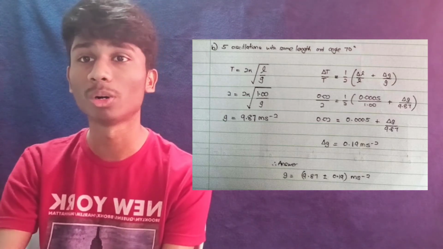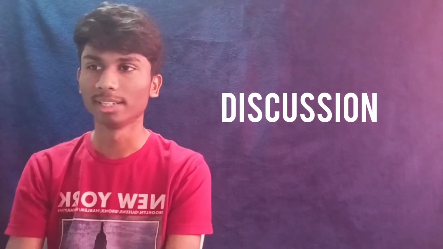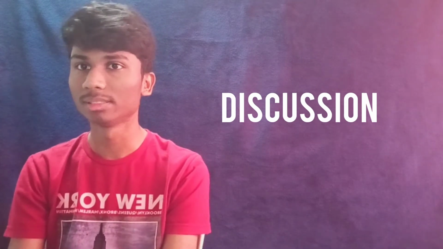So that's all for our analysis of our experiment. Next up, we are going to look at the discussion of this experiment. So for discussion, this experiment is generally conducted to study the demonstration of motion of a simple pendulum in determining the acceleration of gravity and the simple harmonic motion that is involved.